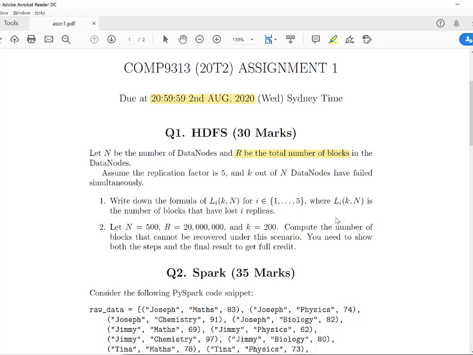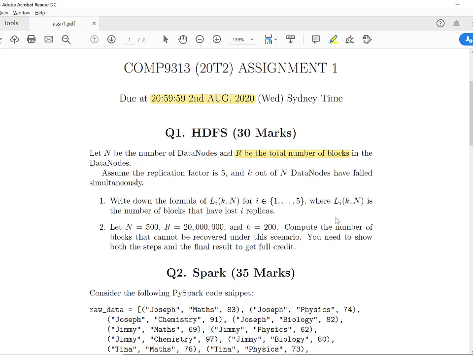So we do accept both interpretations, as long as you state them clearly. And for the first one, you need to write down the formula of L_i(K), where L_i(K) is the number of blocks that have lost i replicates.